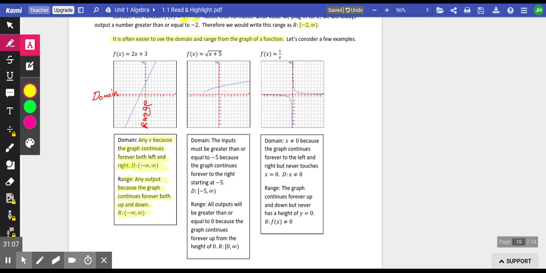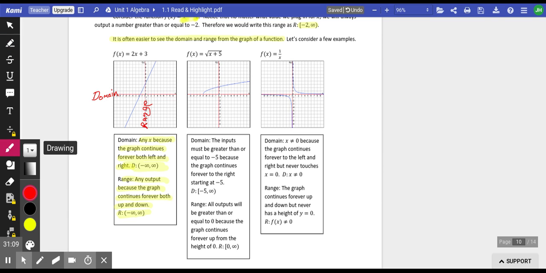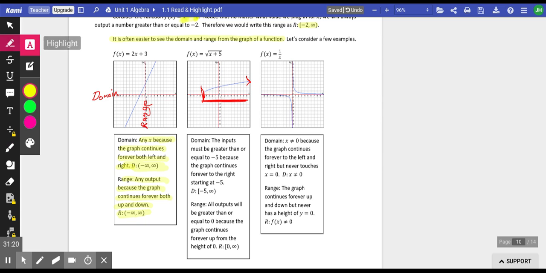But let's look at this middle one. Notice that this stops right there, and then it goes forever this way. The domain, or the inputs, must be greater than or equal to -5 because the graph continues forever to the right, starting at -5. So the domain will be from -5 to infinity.